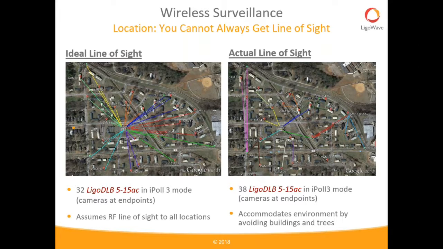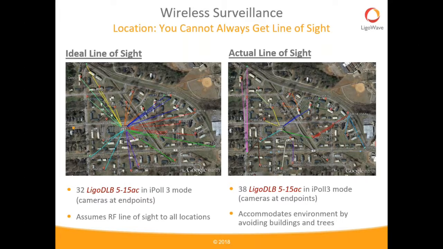This was a surveillance project at a residential property, and when they originally came to us with the project, they said, oh yeah, the MDF is in the main building, and the main building is a story taller than all the other surrounding buildings, and you've got line of sight to everything. So we did an initial design based on that, and the different color groups are showing you the different point to multipoint links that we were using in order to have sufficient capacity to handle bandwidth from these 32 cameras.